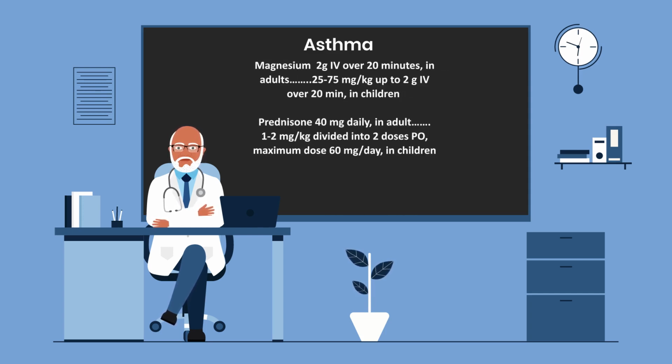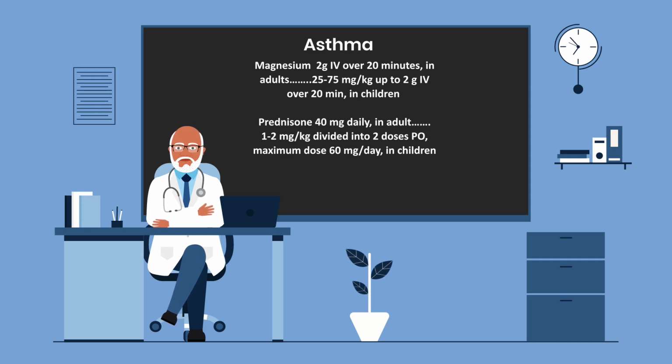Now, for magnesium, here are the doses that I want to go over. Magnesium can be given at 2 grams IV over 20 minutes in adults. For children, it's 25 to 75 milligrams per kg up to 2 grams IV over 20 minutes, and this is the dosage in children.